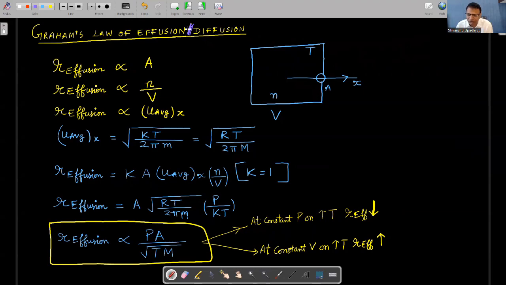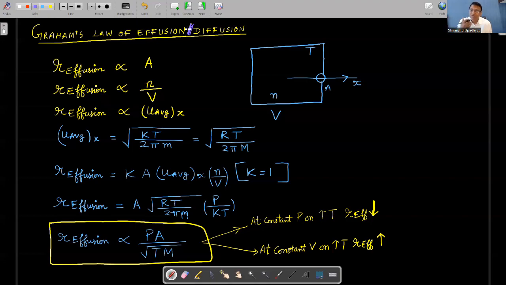When we are talking about diffusion, it is intermixing of two gases, and practically diffusion is more common in our life. Like if the cylinder is leaking, in the cylinder they will put some gas which has a particular smell. Mercaptan gas is there, which has a particular smell, and it will tell that okay, there is a gas leakage.